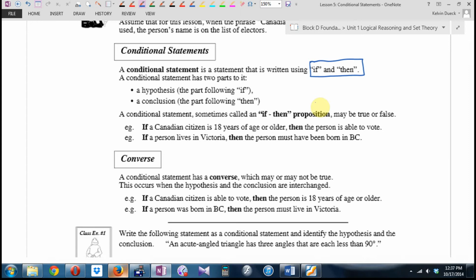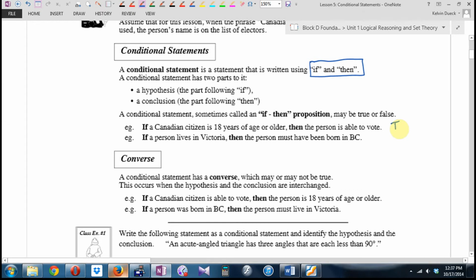So here's, let's see. If a Canadian citizen is 18 years of age or older, then a person is able to vote. True or false? Read that statement. If, then. Yes? Let's put a big T there. If a person lives in Victoria, then the person must have been born in BC.